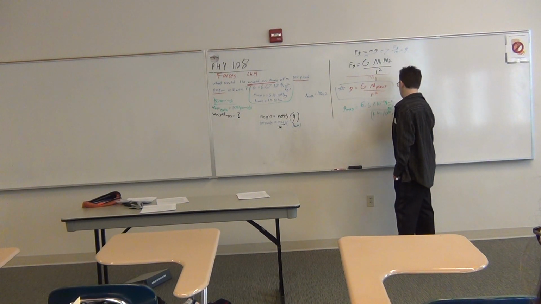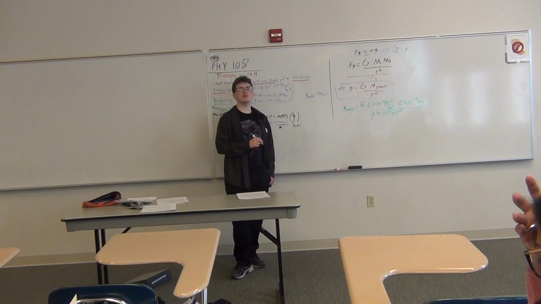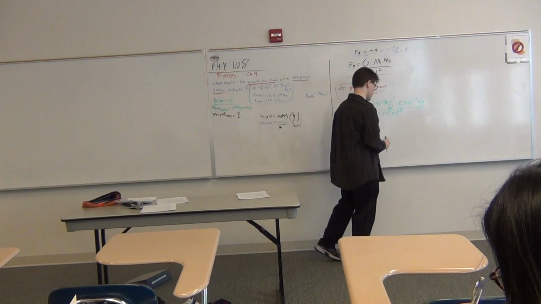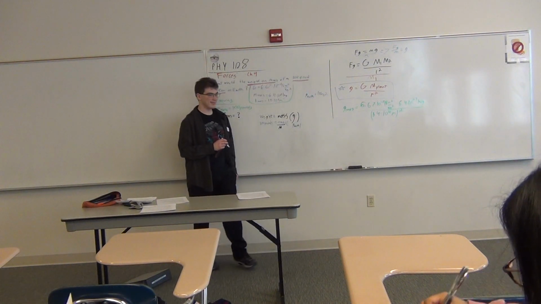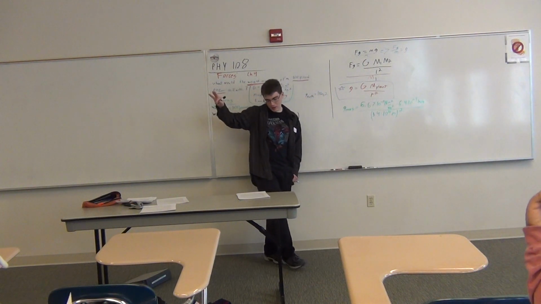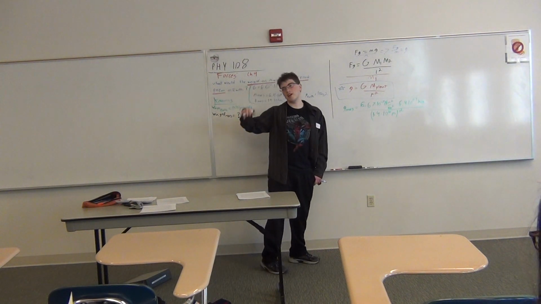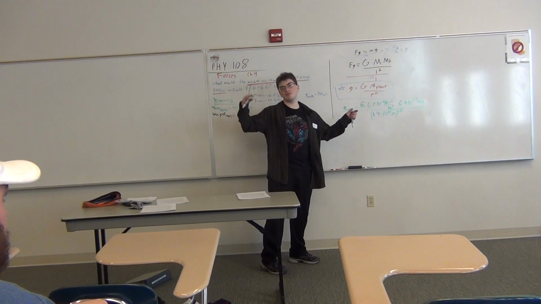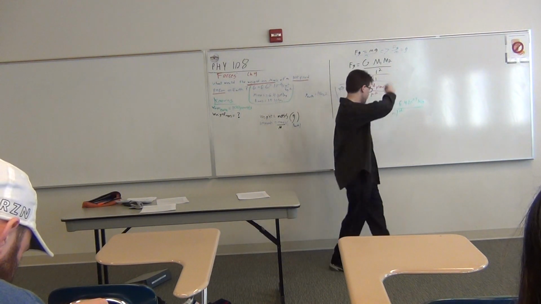Square the radius. And now you'll probably look at this and feel sick. That's a lot of numbers, a lot of superscripts. I don't have a calculator. What should I do?